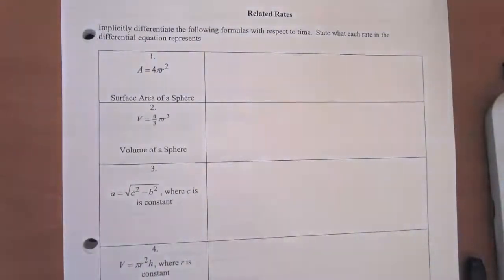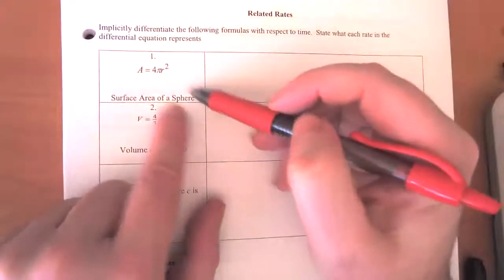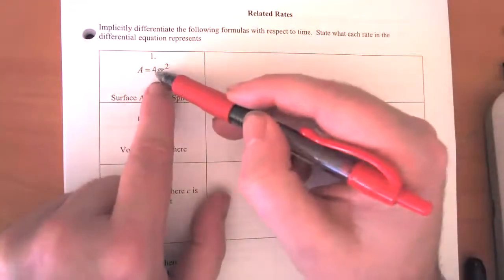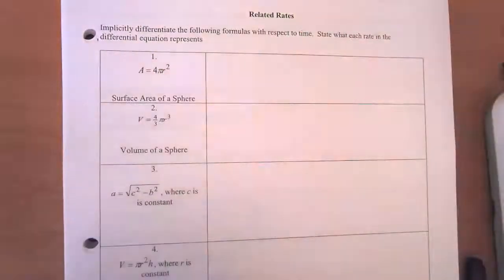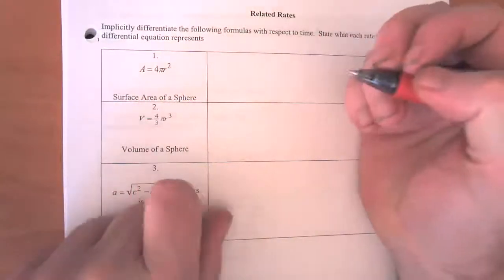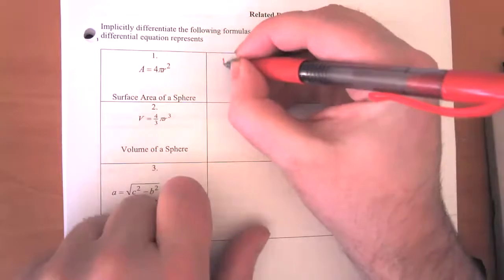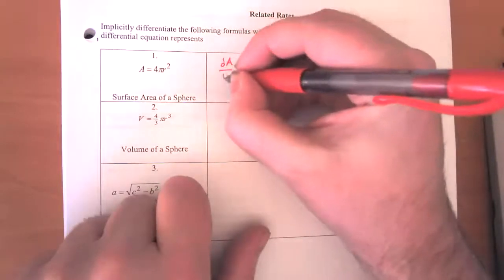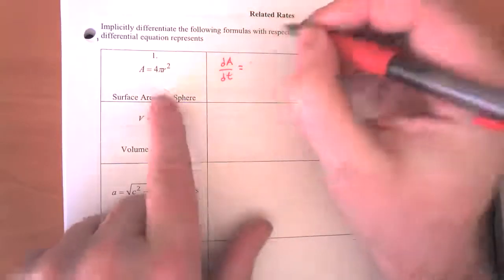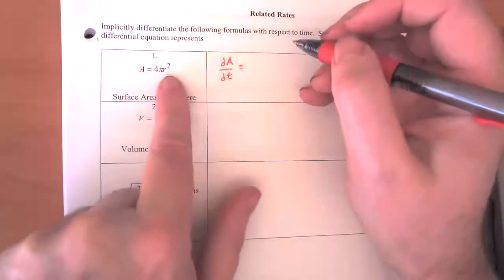All right, so our first equation here is the surface area of a sphere. And this is that the surface area is equal to 4 pi r squared, where r is the radius of the sphere. And so differentiating both sides with respect to time, the derivative of A with respect to t is just dA/dt. And when we're differentiating 4 pi r squared with respect to t, r is our variable.